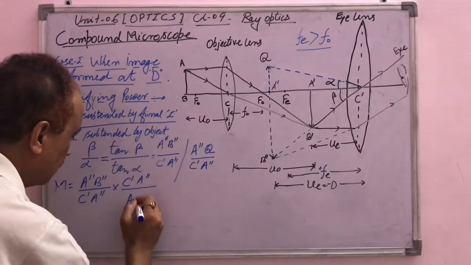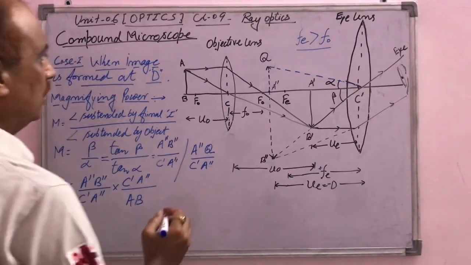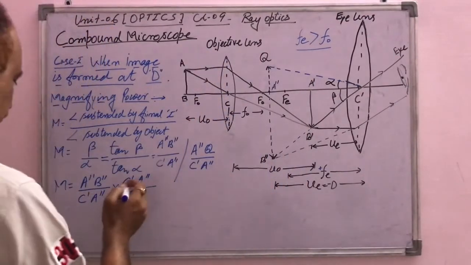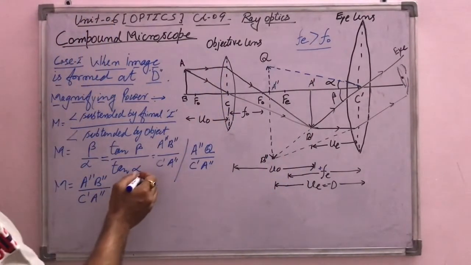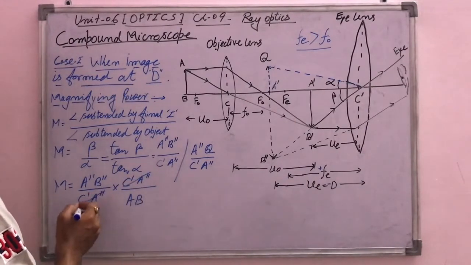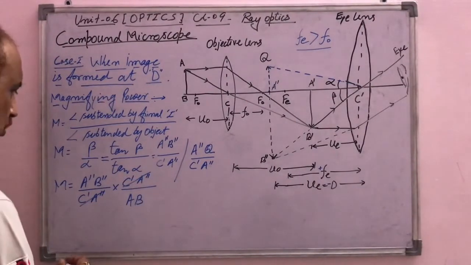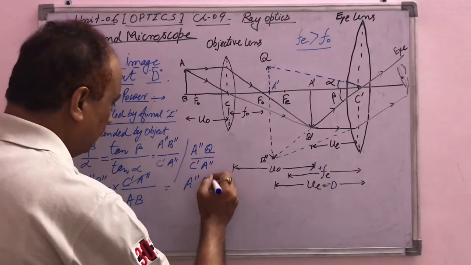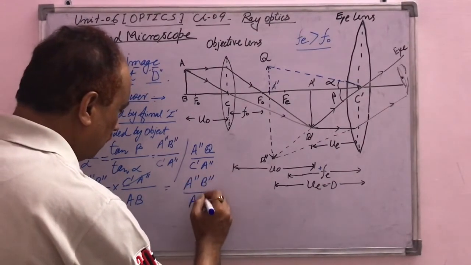So we replace it by AB, since A dash Q equals AB. Now in this expression C dash A double dash cancels out, and we get the relation A double dash B double dash upon AB.